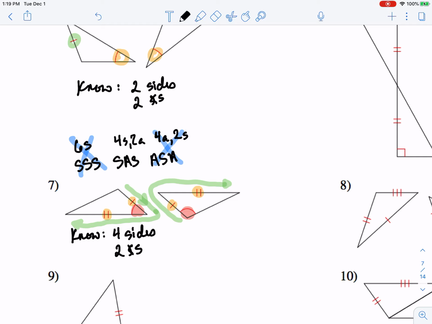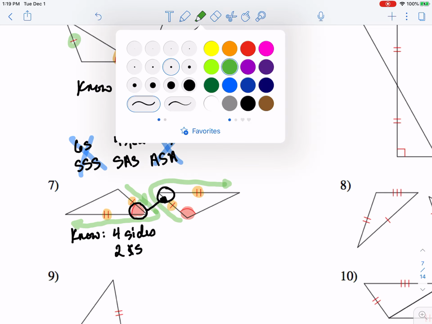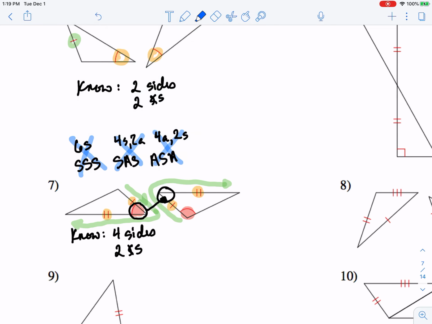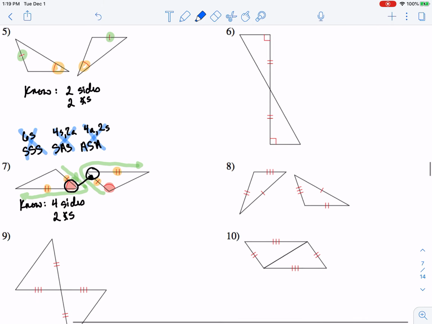So what I'm saying is this angle right here has to be in the location that I just drew that arrow to. So it should be here. But the angle I have marked is not in the same place, right? This angle is not in between the 2 known sides. Because of that, I cannot use side, angle, side. Again, these are only 3 of the possible 5 theorems. Doesn't mean it's not congruent. Just means it's not congruent today.